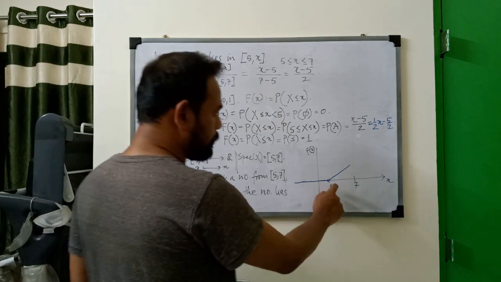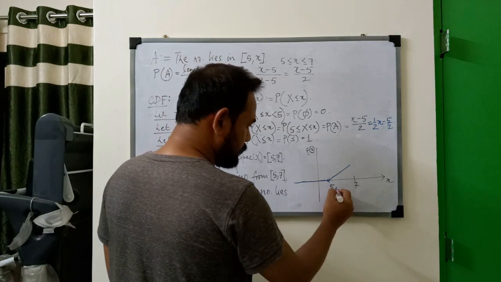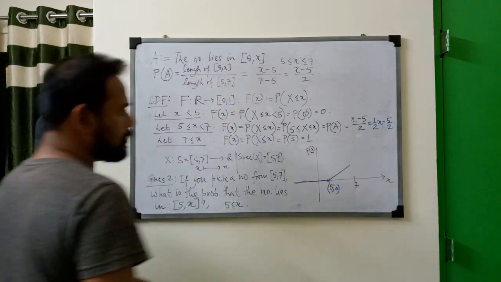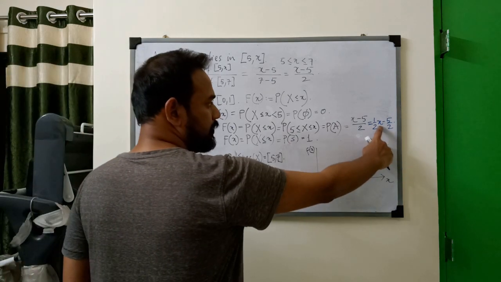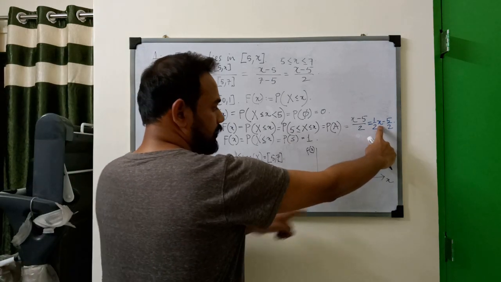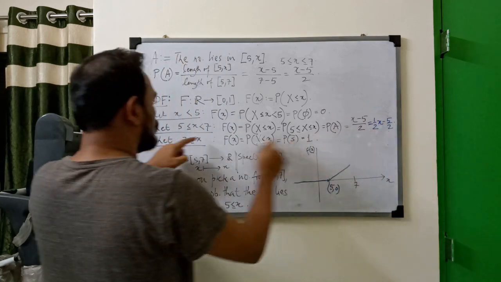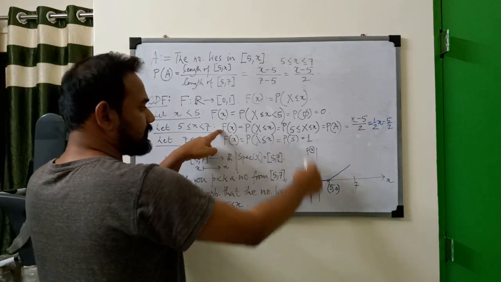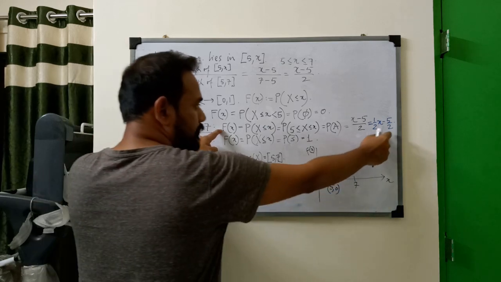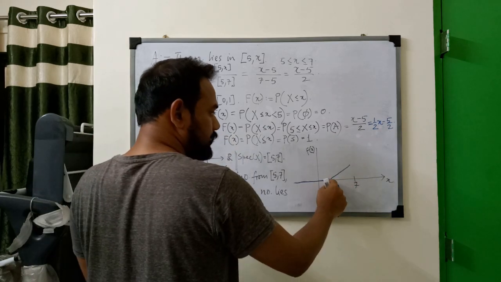It will pass through this point, which is (5, 0), because if you put 5 here instead of x, you get 5 by 2 minus 5 by 2. So that is your F, which is on the y-axis, that is 0.